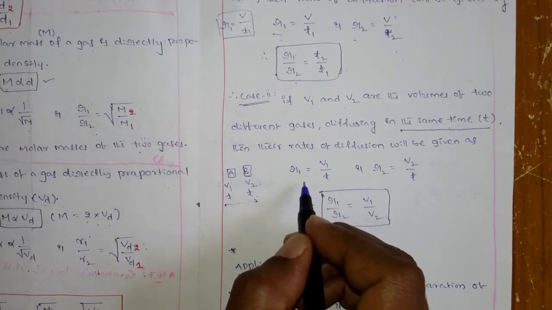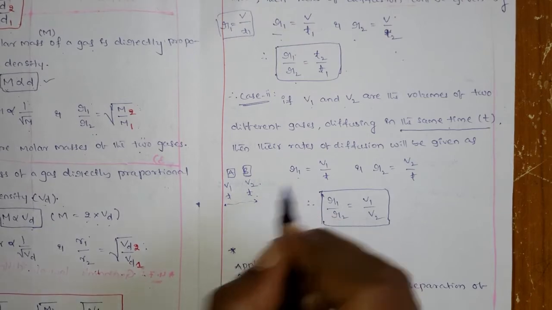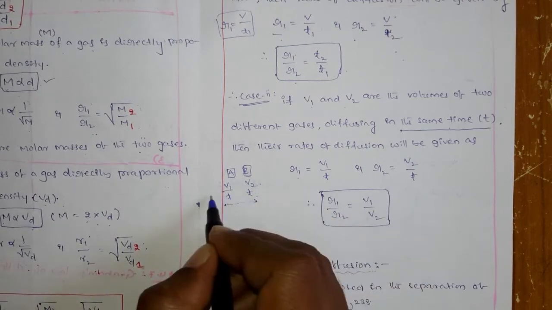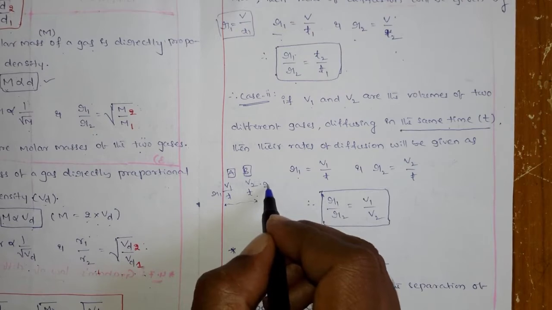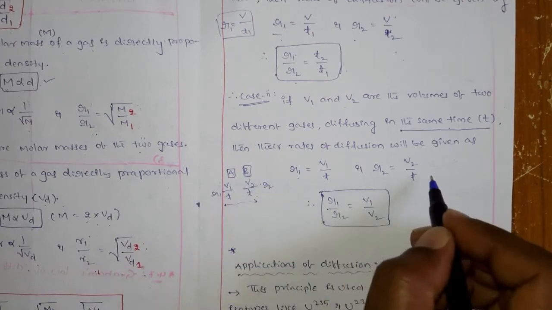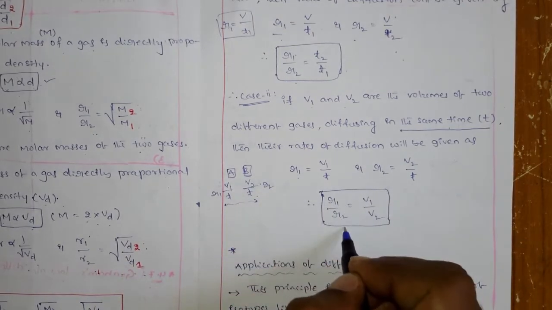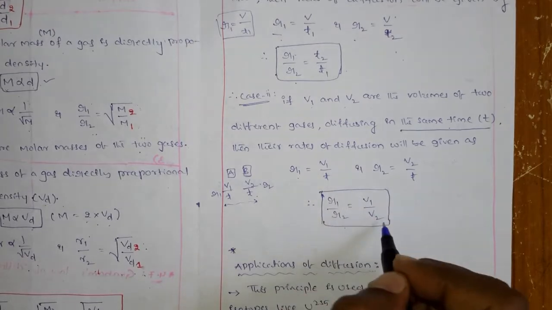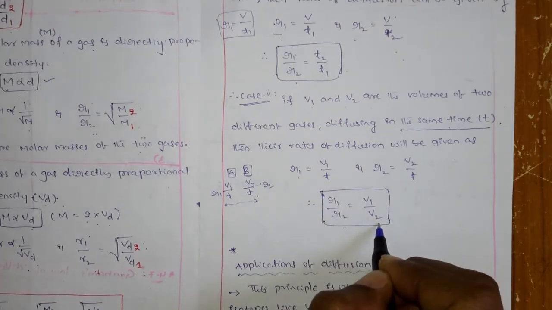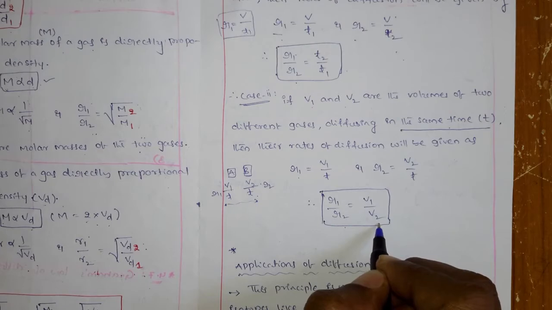Then R1 is equal to V1 by T, and R2 is equal to V2 by T. Again you take R1 by R2, and you get V1 by V2. So these relations are very important from the point of view of problem calculations.